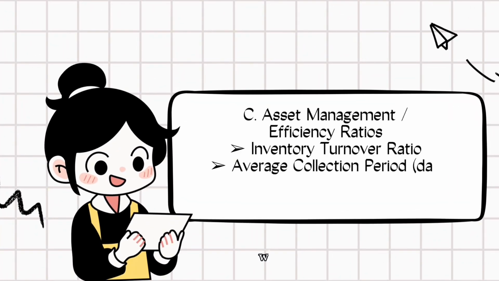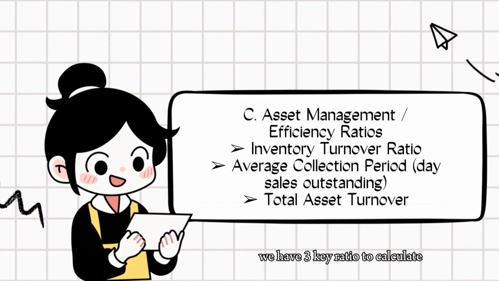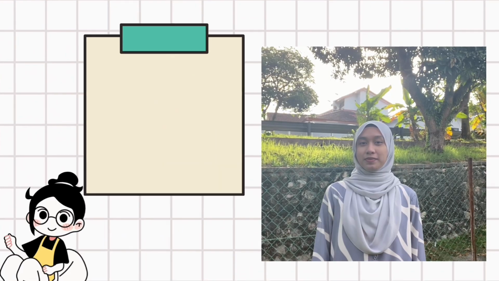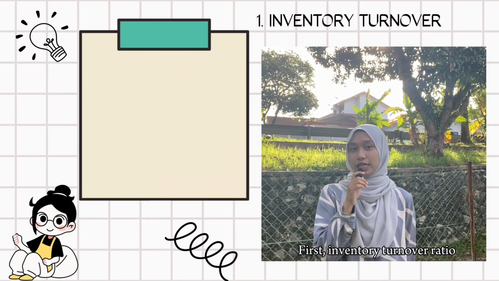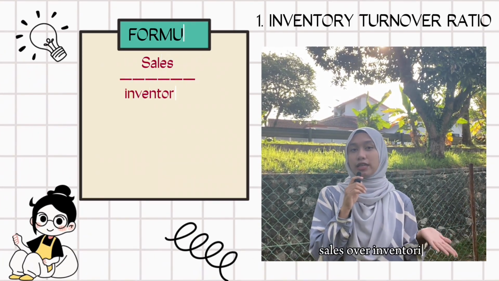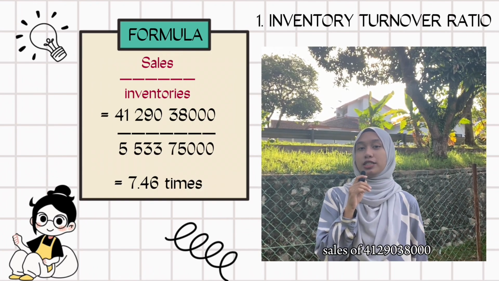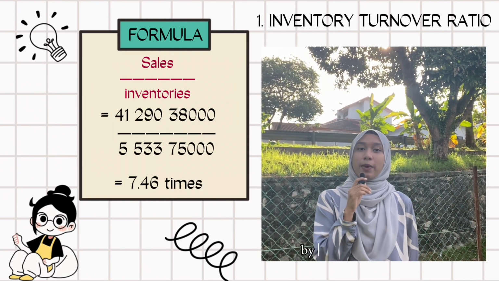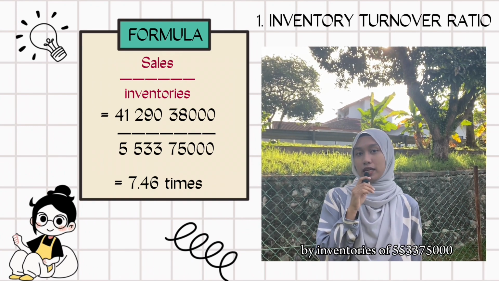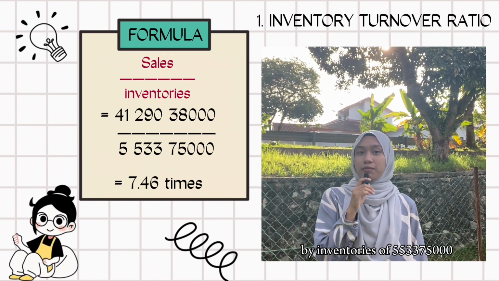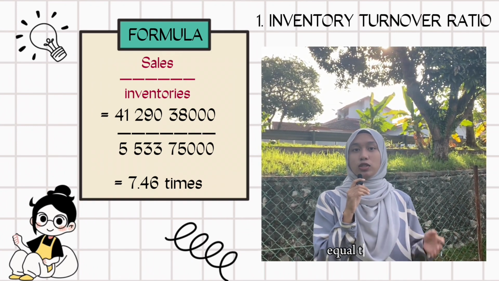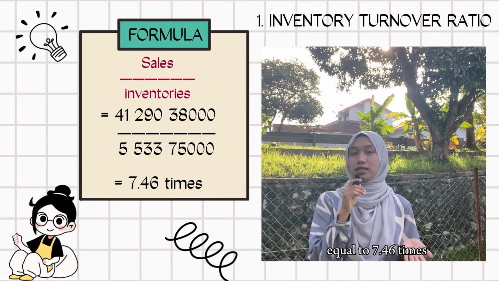For question C, we have three key ratios to calculate based on asset management. First, inventory turnover ratio. The formula is sales over inventory, calculated by dividing sales of 41,290,038,000 by inventories of 55,330,075,000, equal to 7.46 times.